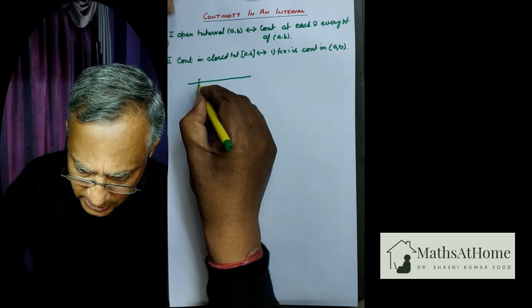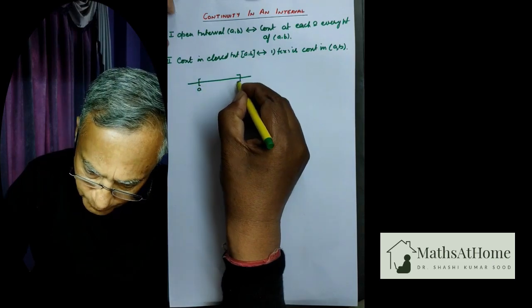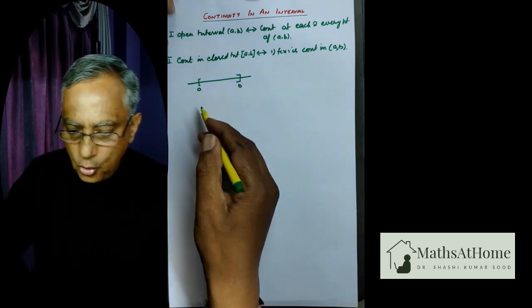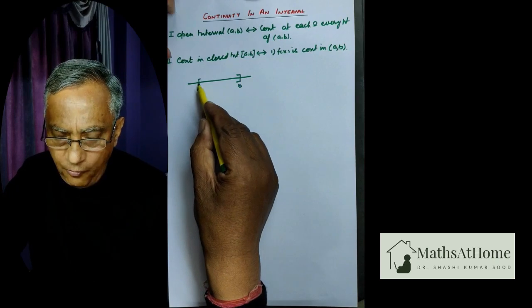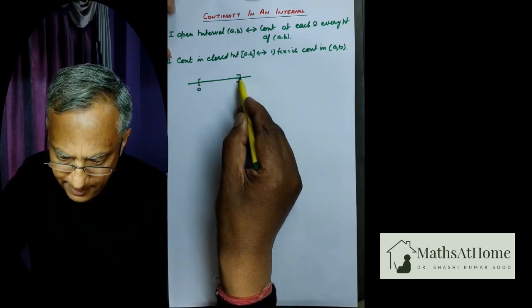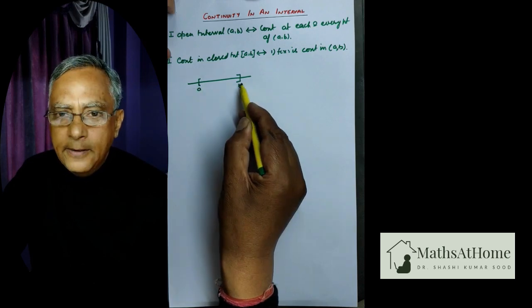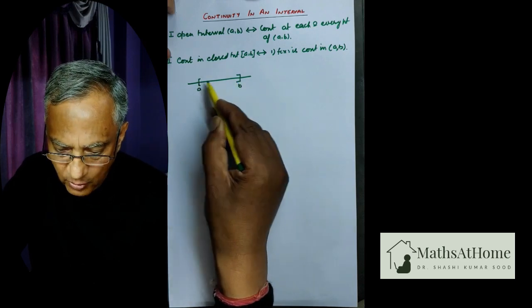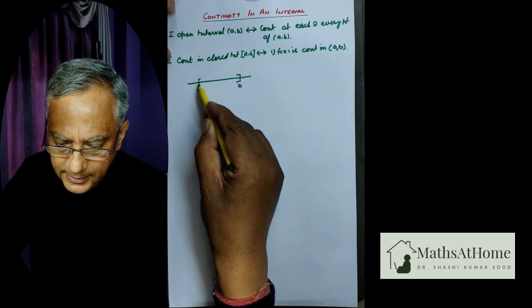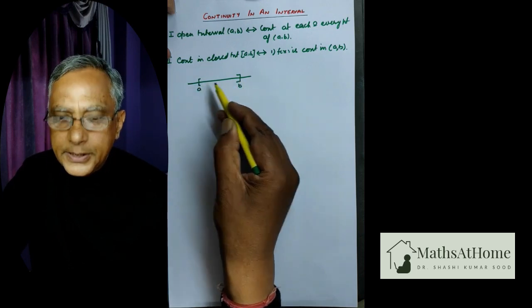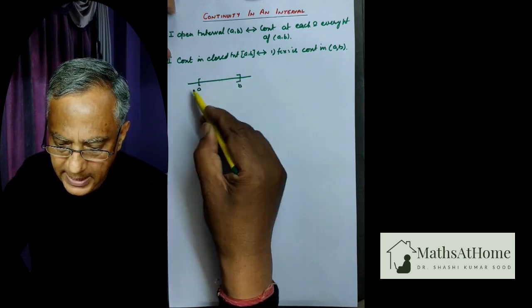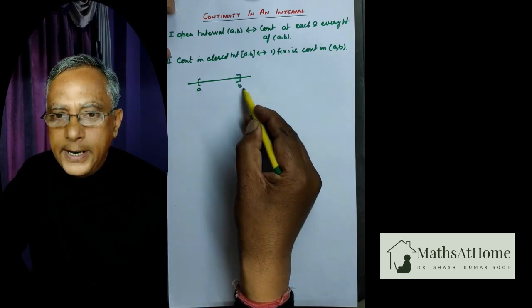This is the closed interval [a, b]. This closed interval is the union of the open interval (a, b) and the point a and point b. It is the union of open interval (a, b) and the point a and the point b.